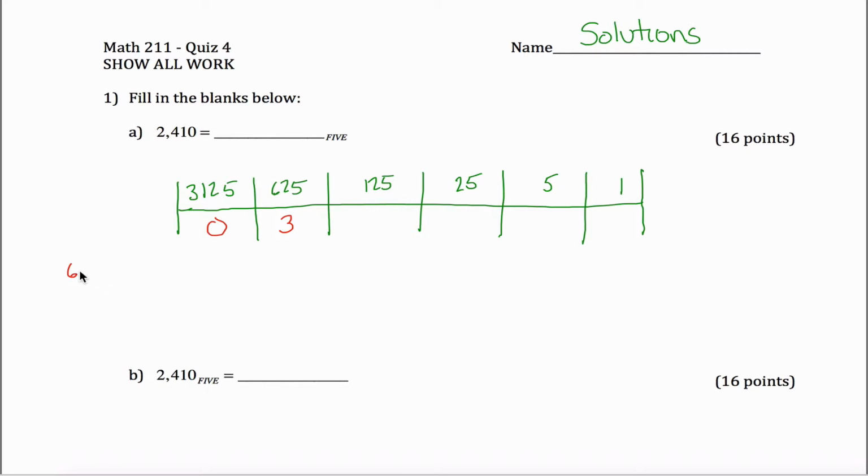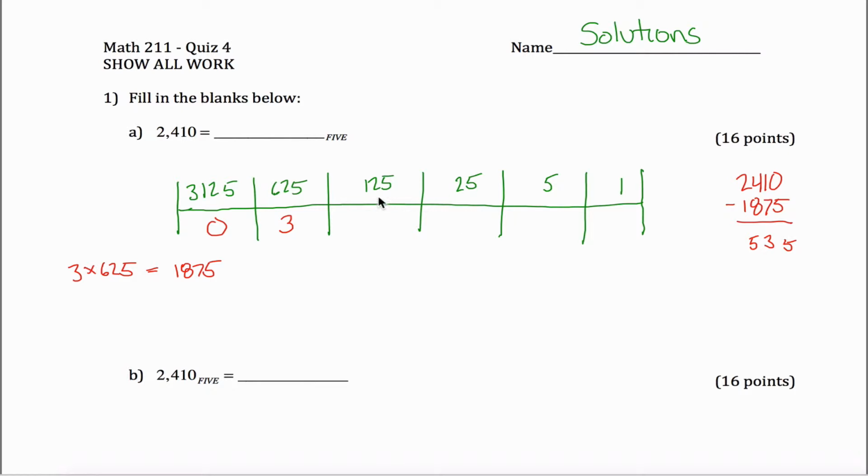3 times 625 accounts for 1,875 donuts. So I start out with 2,410 donuts, and if I subtract off the 1,875 that I just bought with these 3 boxes, what I have left is 535 more donuts.